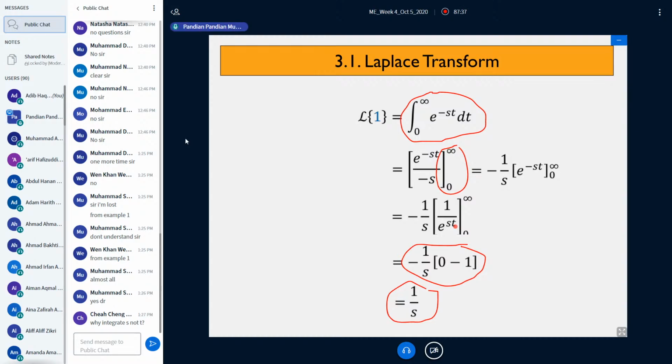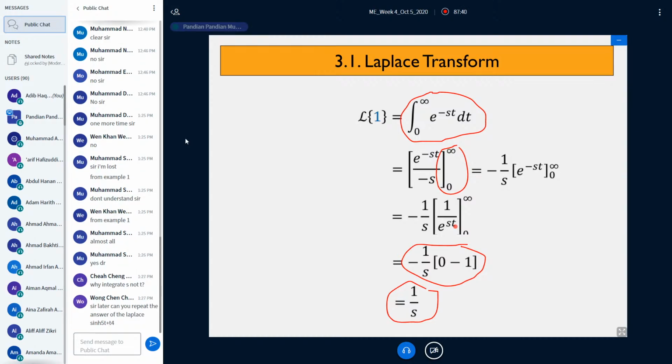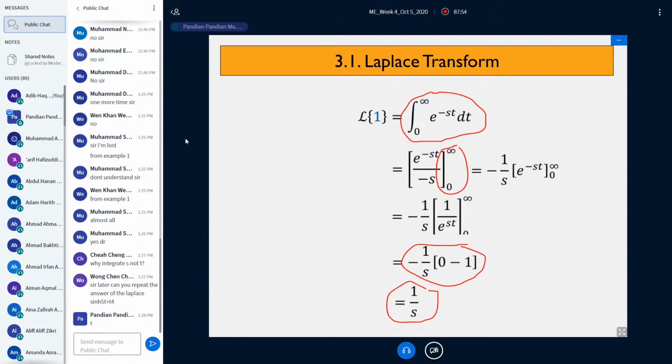Why integrate? No, integrate t. Okay, integrate t, not, no, t. Chia Cheng, you misunderstood. S is constant, integrate t, dt.